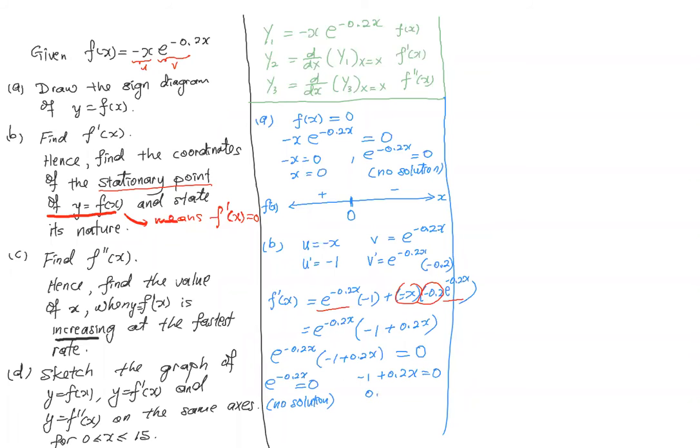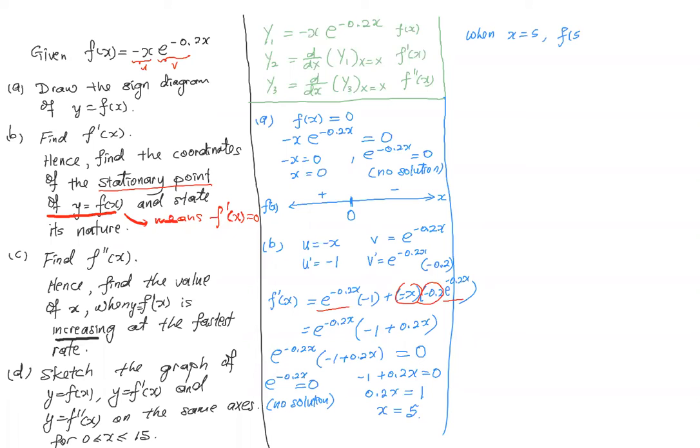So 0.2x equal to 1. So x equal to, you can use your calculator, 1 divided by 0.2 is 5. Okay. Everyone okay so far? So when x equal to 5, so f(5).